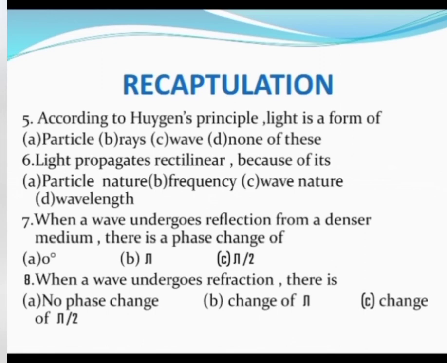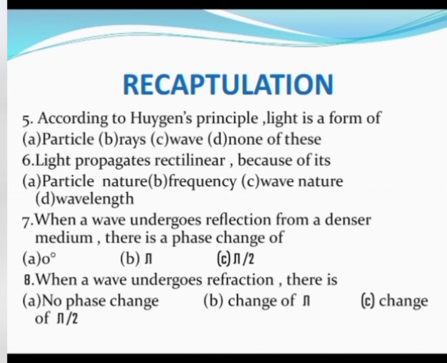Question number 5. According to Huygens principle, light is a form of: A option is particle, B rays, C option is waves, and D none of these. In this question, the right answer is wave, because Huygens successfully explained the wave nature of light.